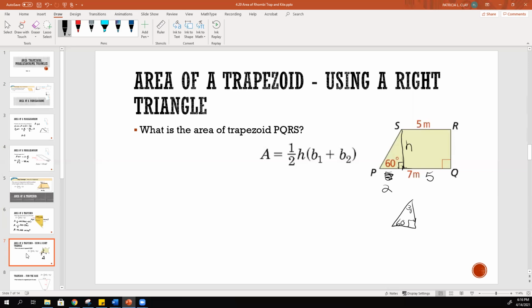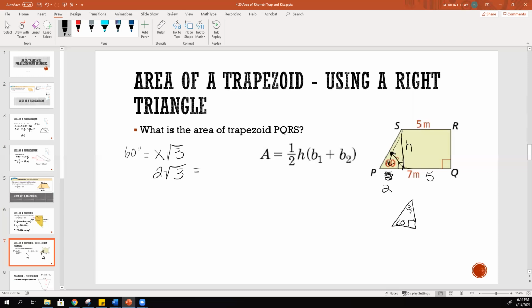So on a 30, 60, 90 triangle, remember I always draw the hypotenuse. So this is the hypotenuse. So we're finding the side across from 60. So remember the rule for 60 is equal to x radical 3. Well, this is across from 30. The 2 is across from 30. So all we have to do is plug in 2 radical 3.